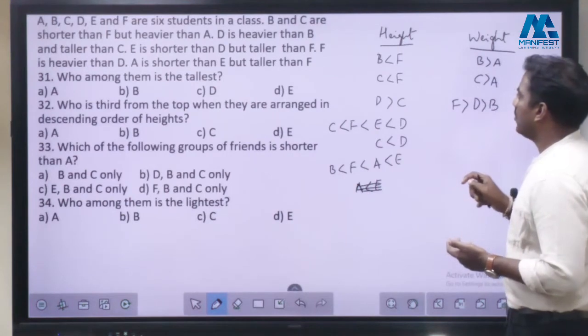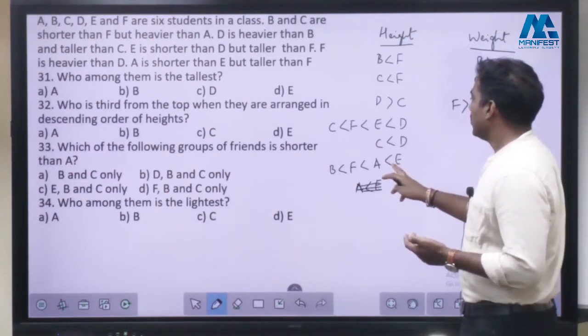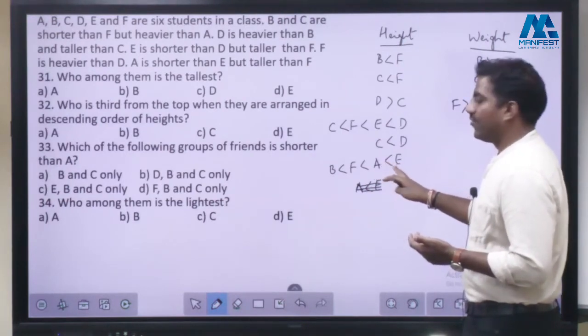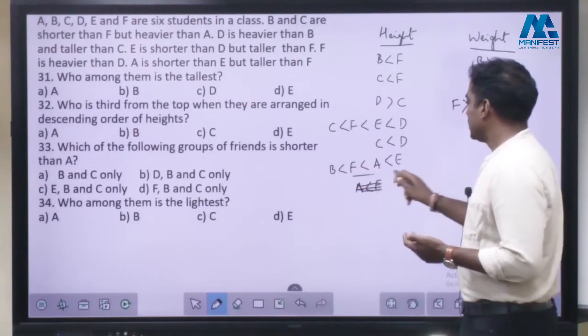And A is shorter than E, but taller than F. This is how I have taken this and this.